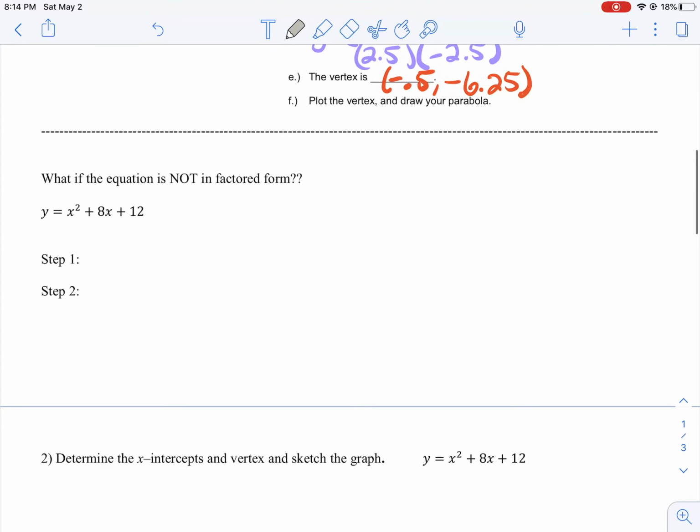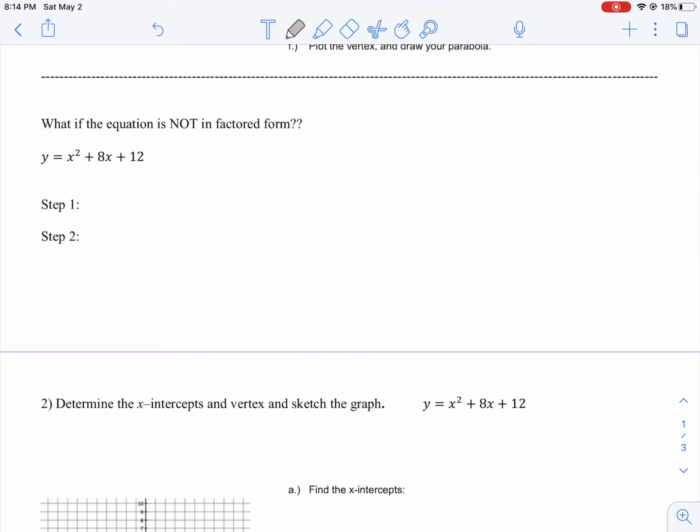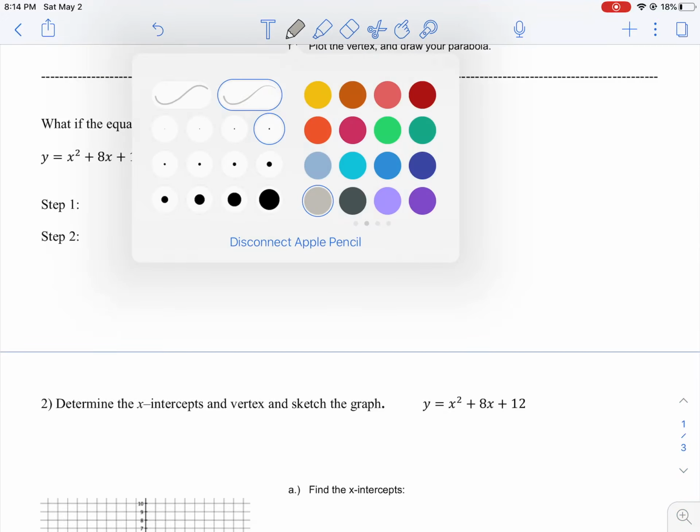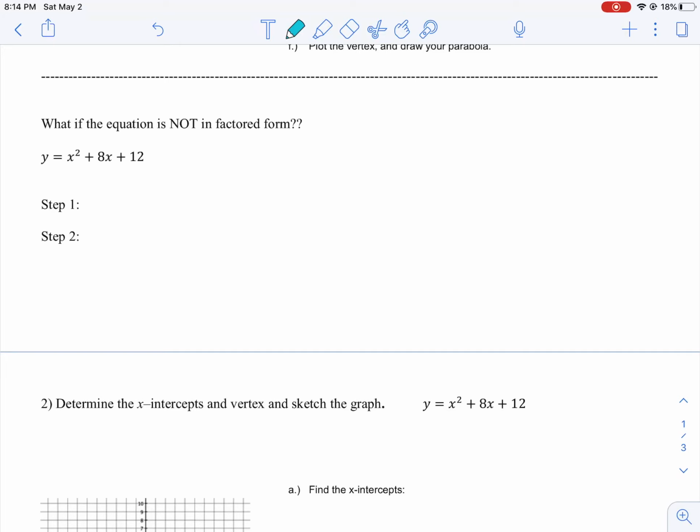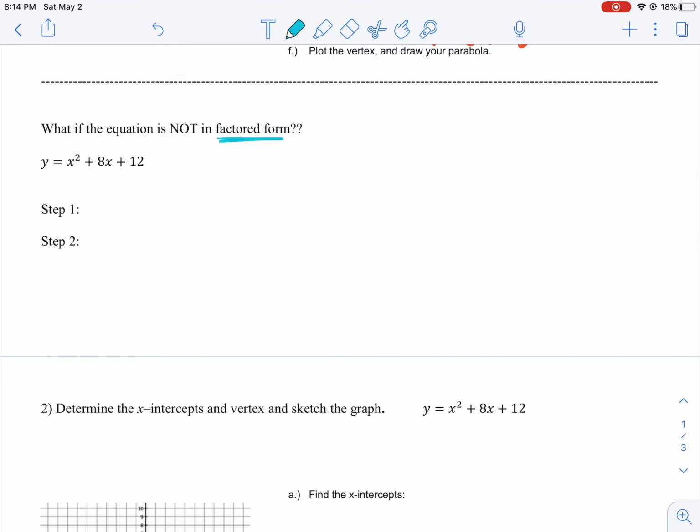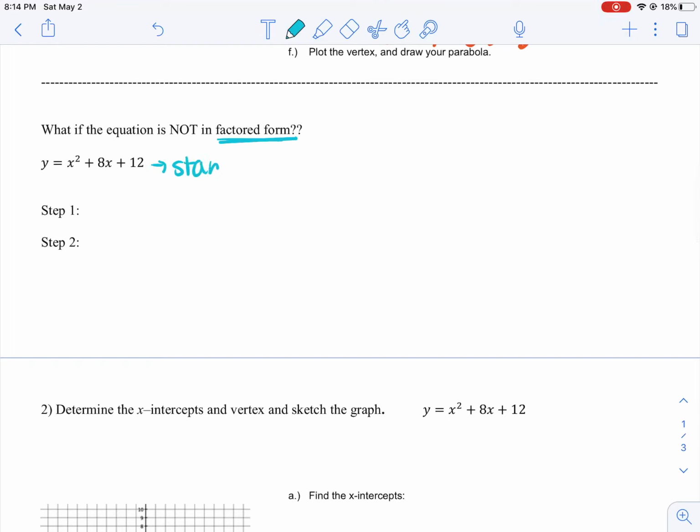So now, what if my equation is not given in factored form? What if it's in standard form right now? We were used to seeing the parentheses with their factors. So what you have to do are 2 steps.